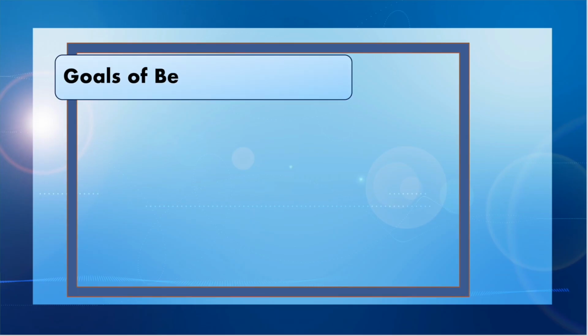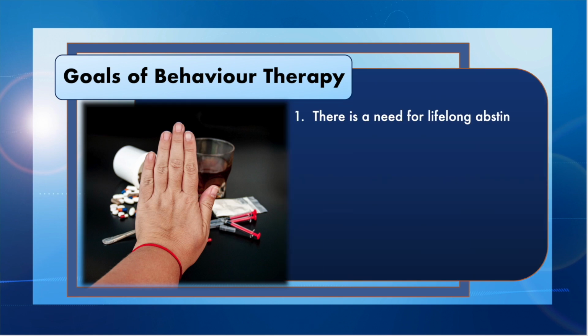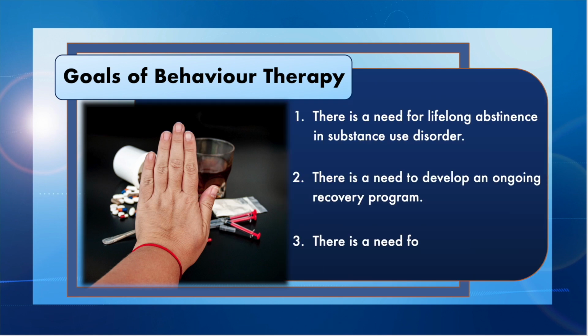There are three main goals in the primary treatment of substance dependence in the context of behavior therapy. First, there is a need for lifelong abstinence in substance use disorder. This is because chances of relapse are higher in case of substance use because of the addictive nature of the substance.